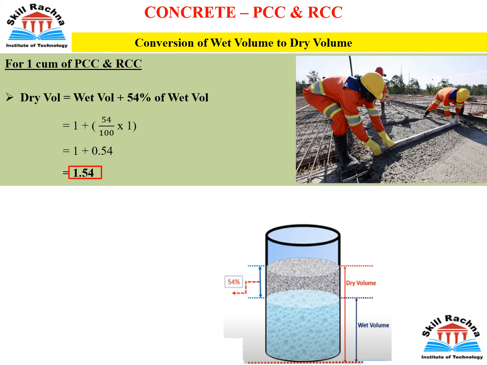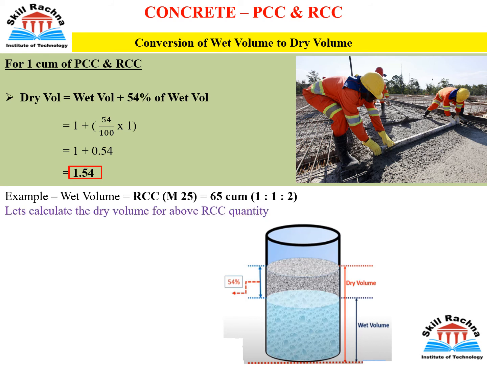We have already seen the replica in the previous part of the video. So if I need to calculate the dry volume for 1 cubic meter, I need to increase it by 54%, so I get 1.54.